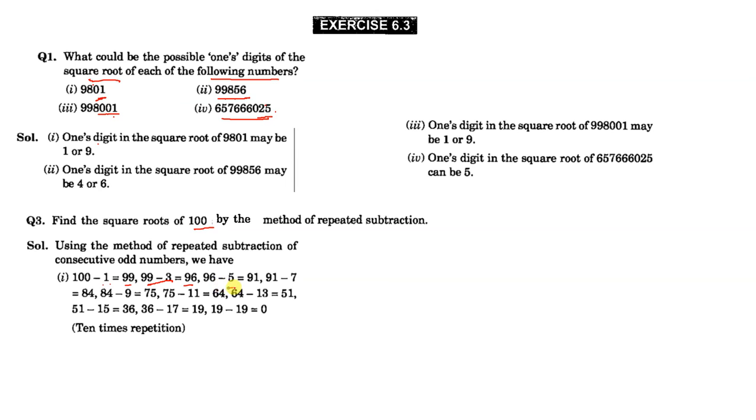Likewise, we go on subtracting the odd numbers from the result. In the 10th step, we get 0 as the result. Means in 10 steps, the result will be 0. So we can say that the square root of 100 is equal to 10.